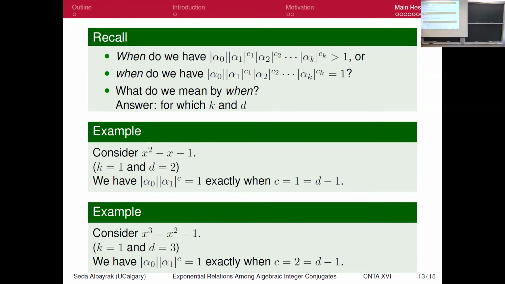So let's look at another example, because we had this polynomial before. Here I increased d, so d is equal to 3. This is a polynomial of degree 3, so there will be 3 roots. Alpha 0 is the biggest one, and alpha 1 and alpha 2 are conjugates. I'm looking at k equals 1 again, and here we have equality with 1 exactly when c is equal to 2. And here 2 is again d minus 1.